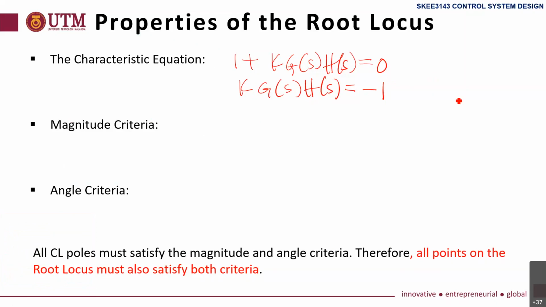We can imagine that if we draw a graph, minus 1 is here, on the negative real axis. This is actually equal to the one with magnitude 1 and also angle 180 degrees.